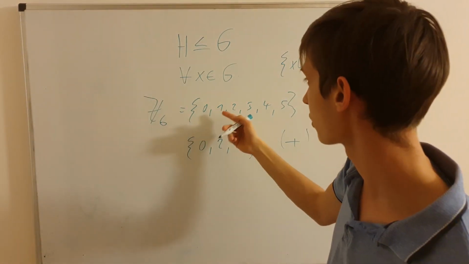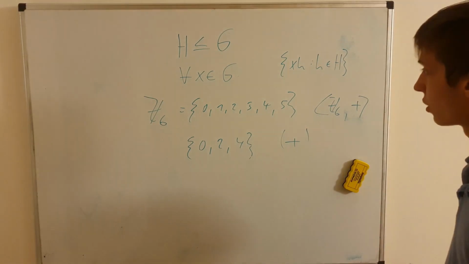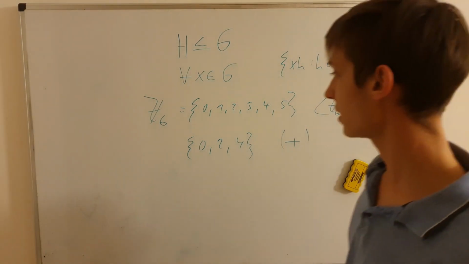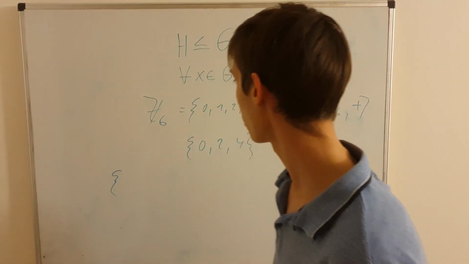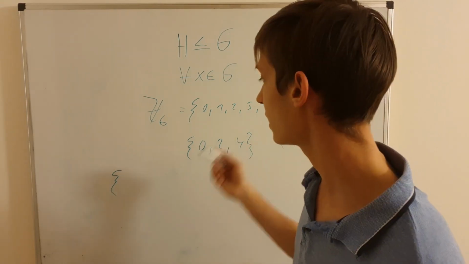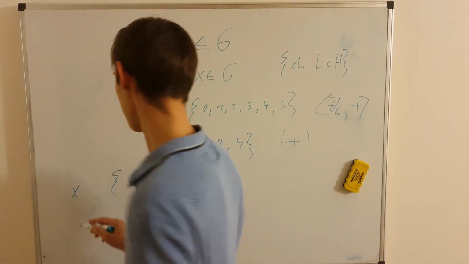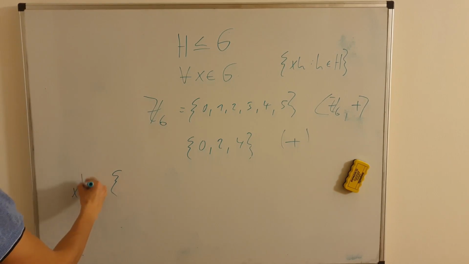I was going to start with 1, but I will actually do 0 first. So if I choose 0, I will have to create a new set, and in general it is xH.